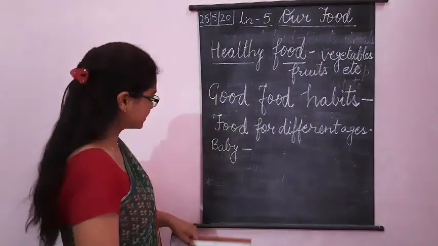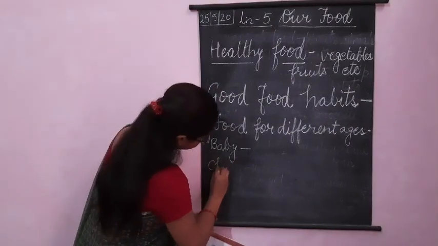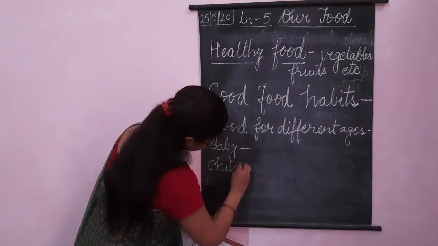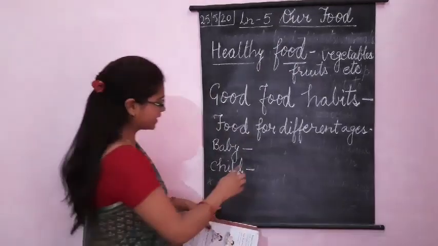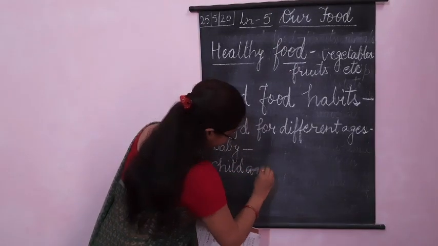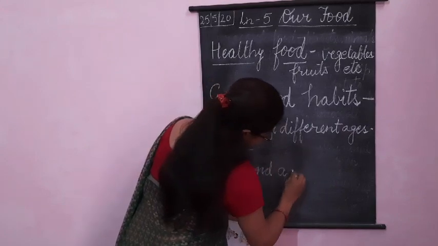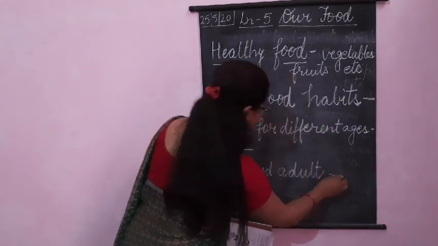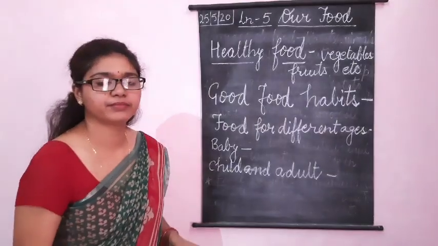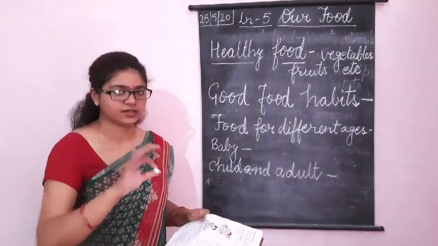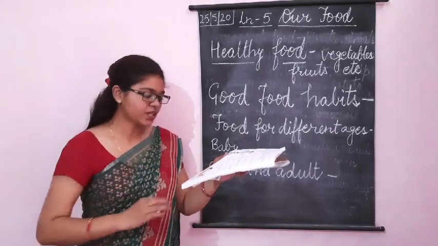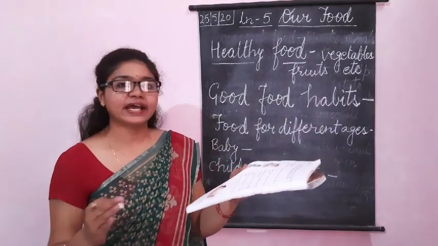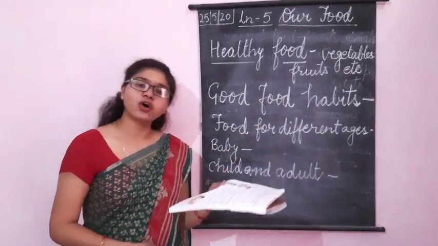The second age is child and adult. Child and adult means you and us. Growing children and adults should eat all types of food.